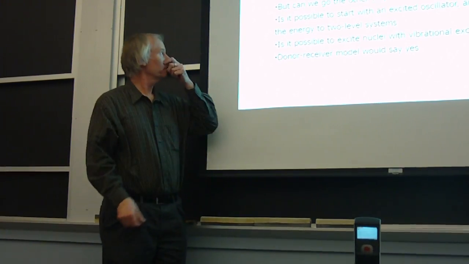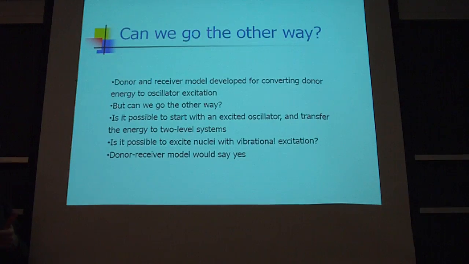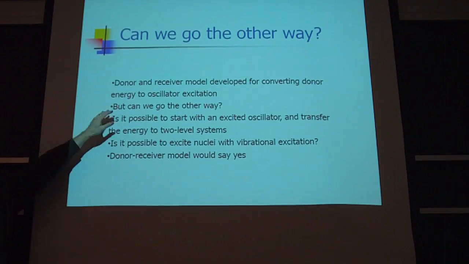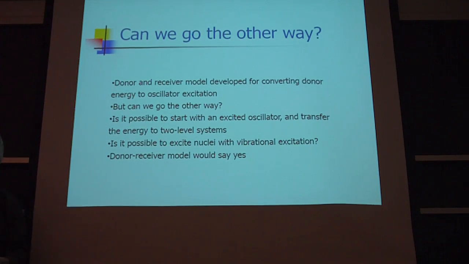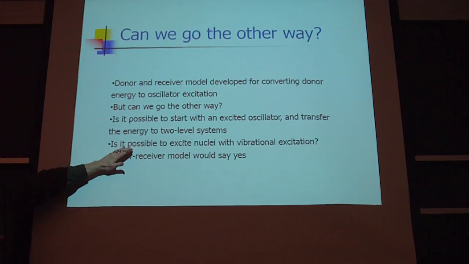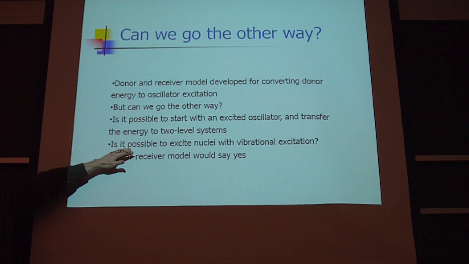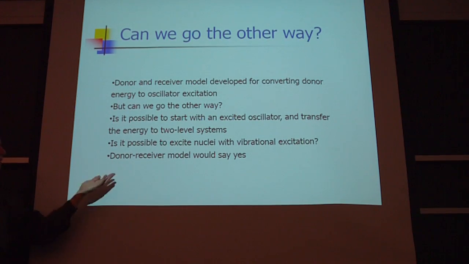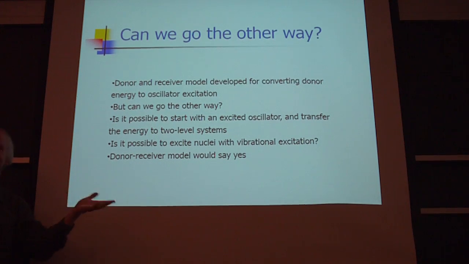So, for example, the model was developed initially for going from donor energy to oscillator energy. But can we go the other way? Can we start with an excited oscillator and give the energy to a two-level system, give it to a nucleon? Can we excite nuclei with the vibrational excitation? And the model would say, why not? That's what the model does.